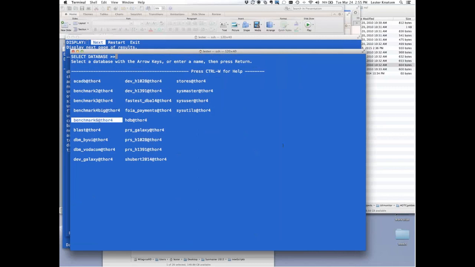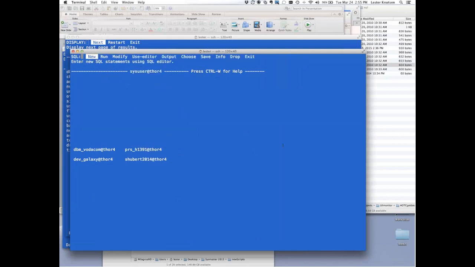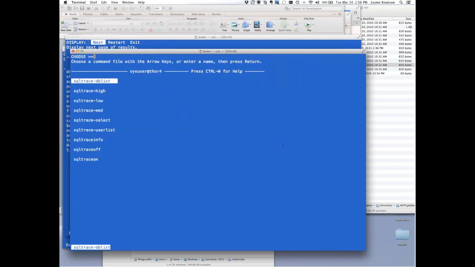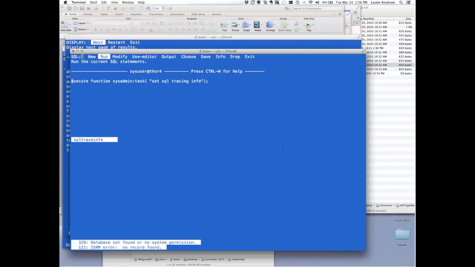So let's take a look at SQL Trace on this. And what I want to do is go to the Sysadmin Database. And I just realized I may have forgotten to set one thing. Yep, the Sysadmin Database is not on Thor.